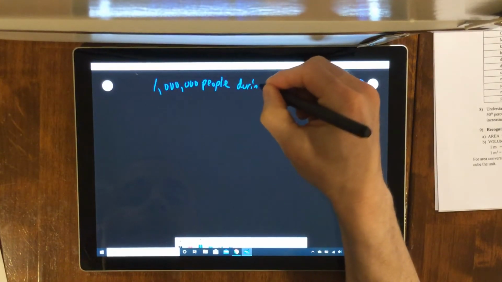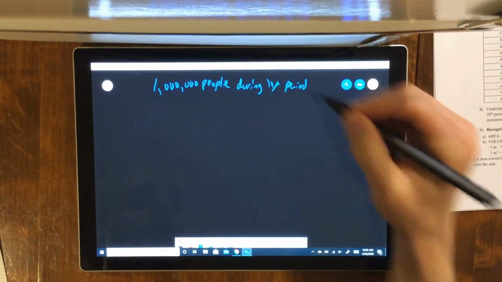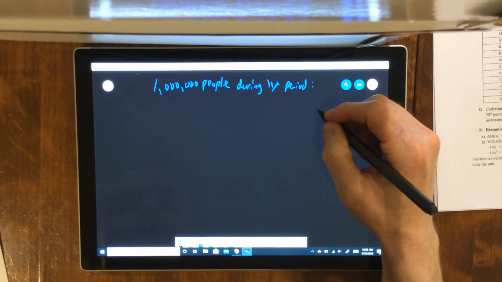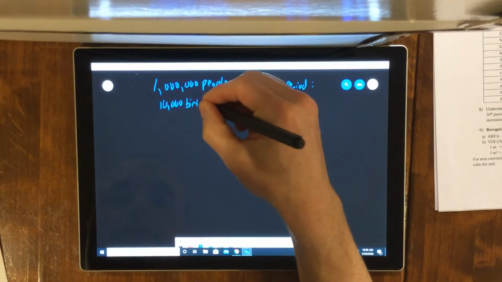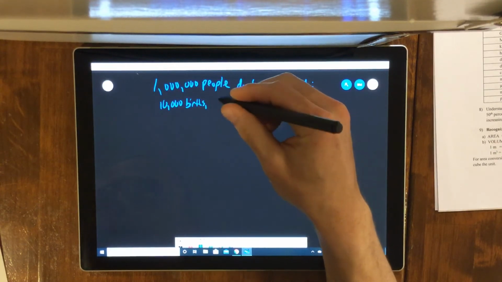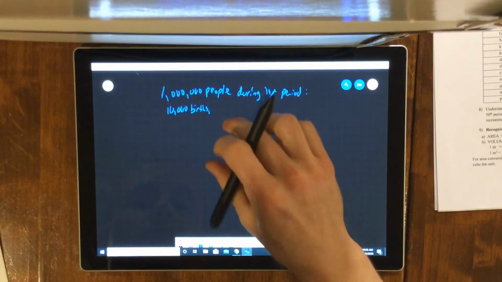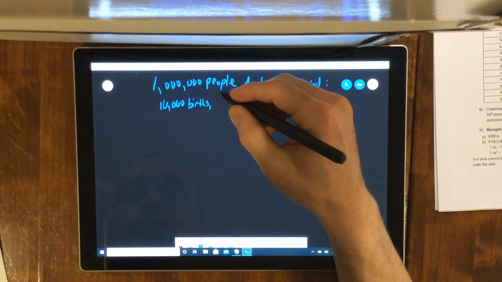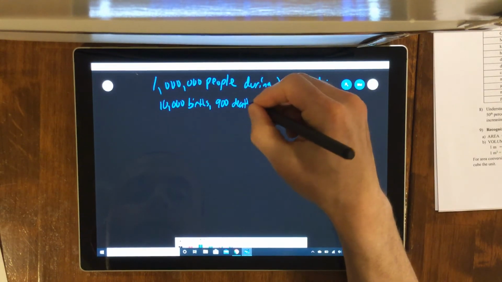During a 1 year period, the following is compiled. You have 10,000 births. We have 900 deaths.